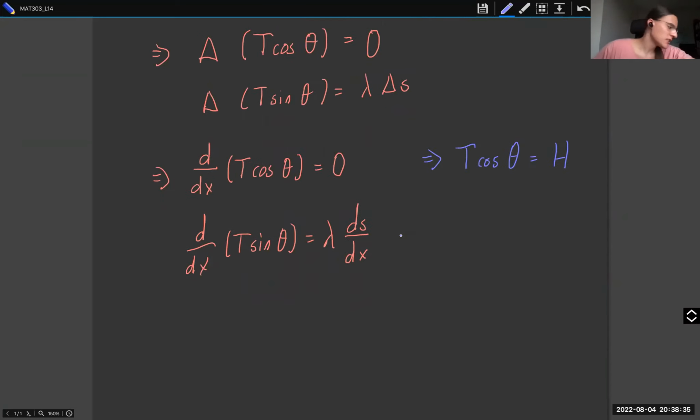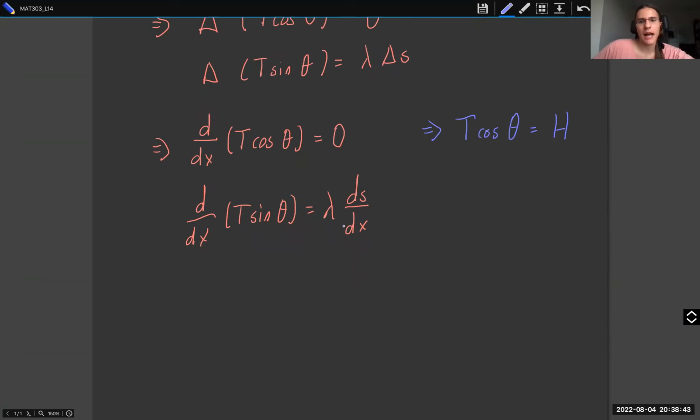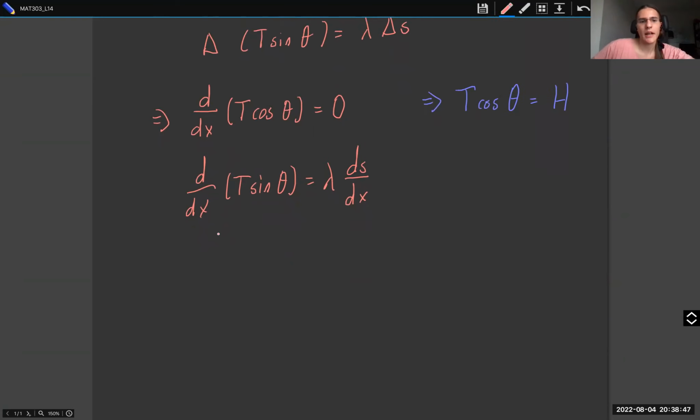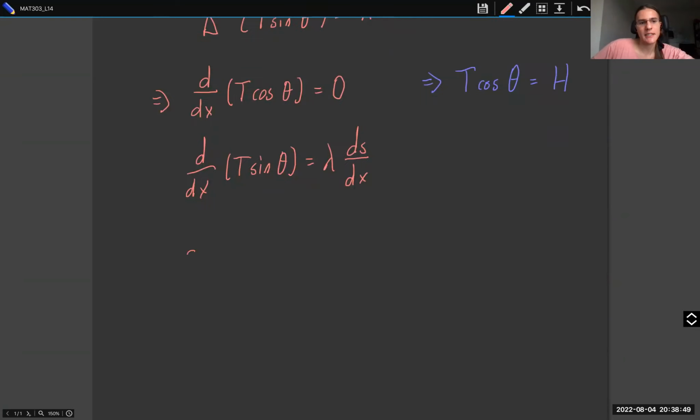And so what we can do is take the second equation and divide both sides by h. So then we get d dx of, on this side, we divide by t cos theta, and it's a constant, so it can come inside of the derivative.